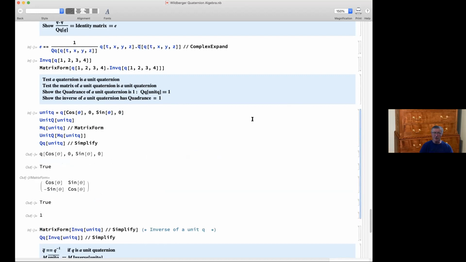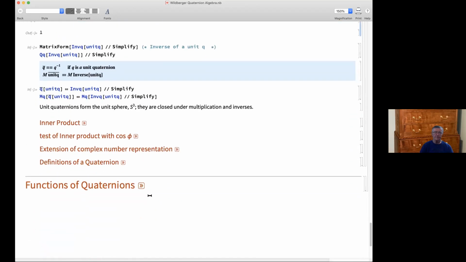And I can show that this is a unit quaternion. It's true because its quadrants turns out to be 1. And the matrix equivalent is, as we see here, a rotation about the x-axis. And then we can show that it's a unit quaternion and its quadrants is 1. Okay.